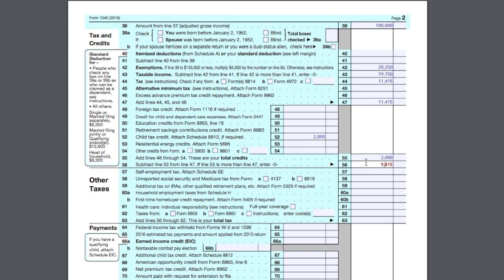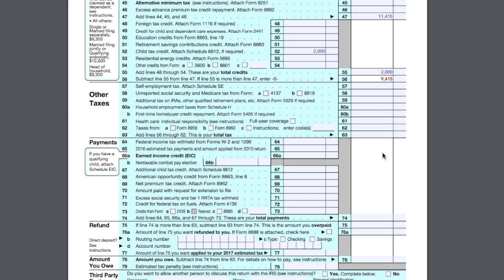This number is the amount of taxes after you deduct the $2,000 of credits from the $11,000 total taxes that you're supposed to owe. So your tax credits that are on the left-hand side there, 48 through 54, can only reduce your taxes to 0. So in this case, more than likely you will receive a tax refund of around $2,000 because your taxes on line 47 is $2,000 different than the amount on line 56.